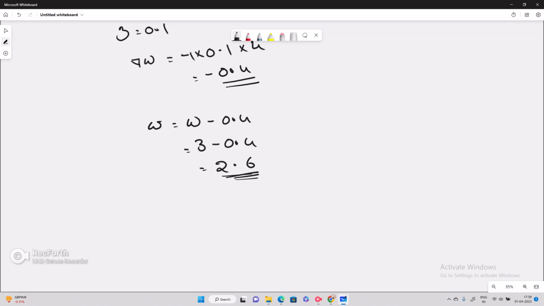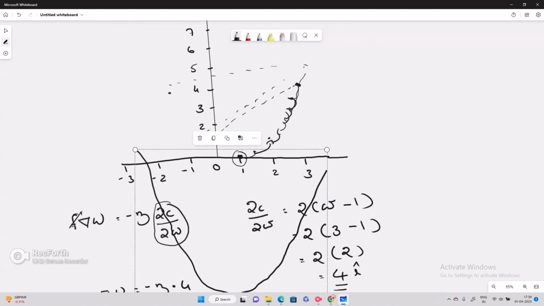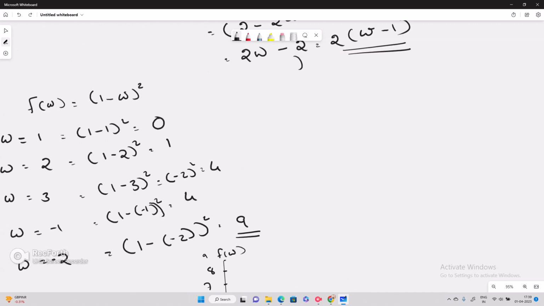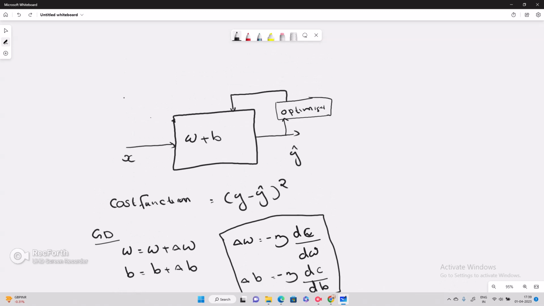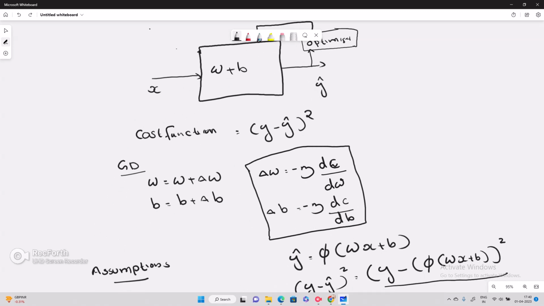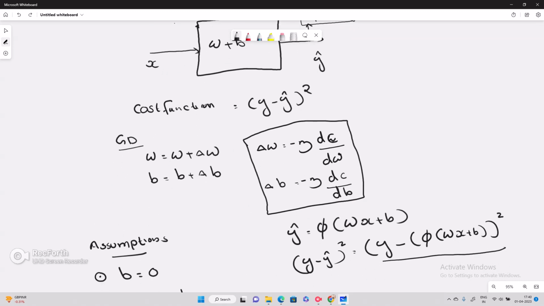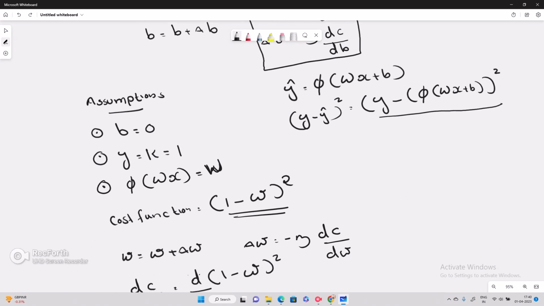So that is all about this video. Let me summarize here. In this video, we have done the gradient descent optimizer, and we have found the formula for gradient descent, that is W is equal to W plus delta W. Then we have calculated the delta W by using some assumptions.